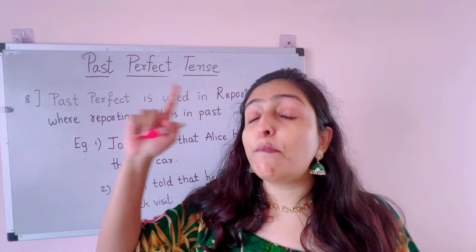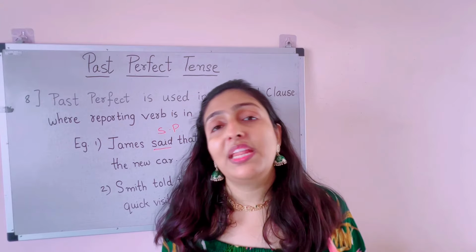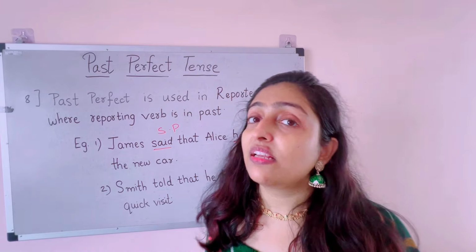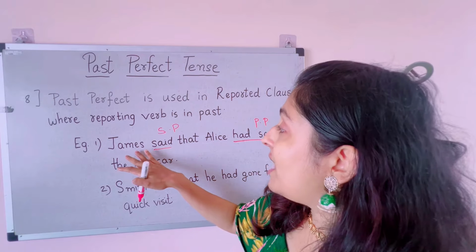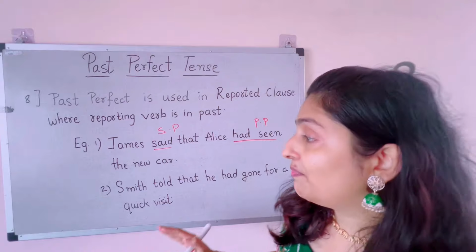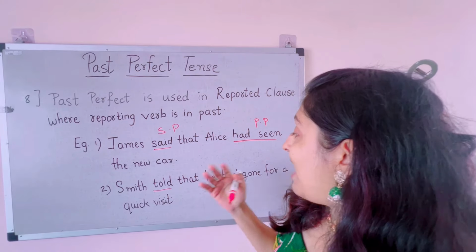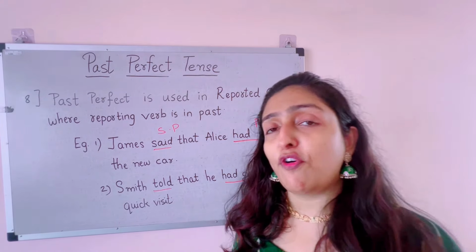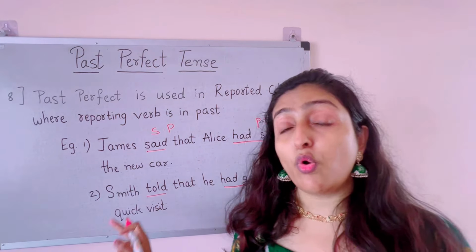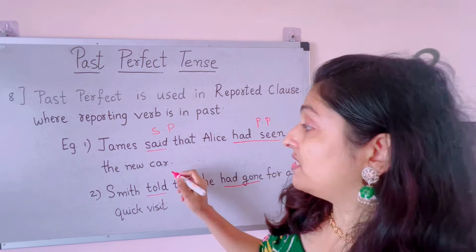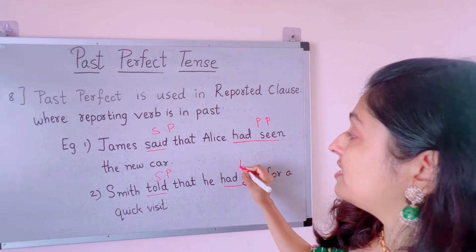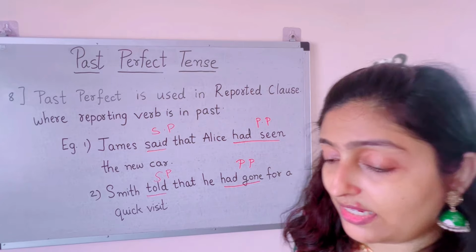Whenever you report something, it's done in past perfect where the reporting verb is in simple past. James said that Alice had seen the new car. Smith told that he had gone for a quick visit. Here told is the reporting verb. It is in simple past. Had gone is in past perfect.